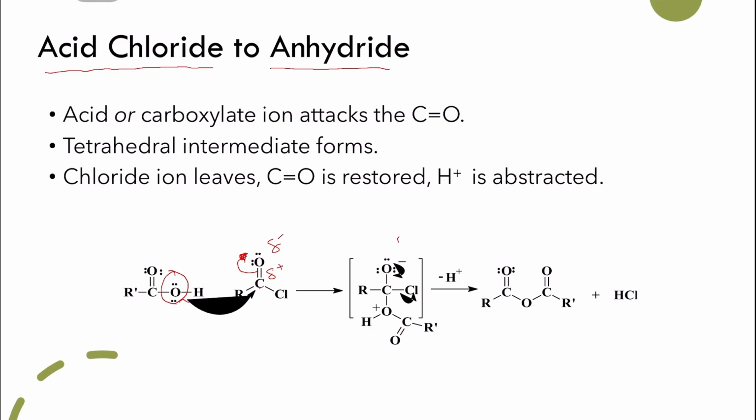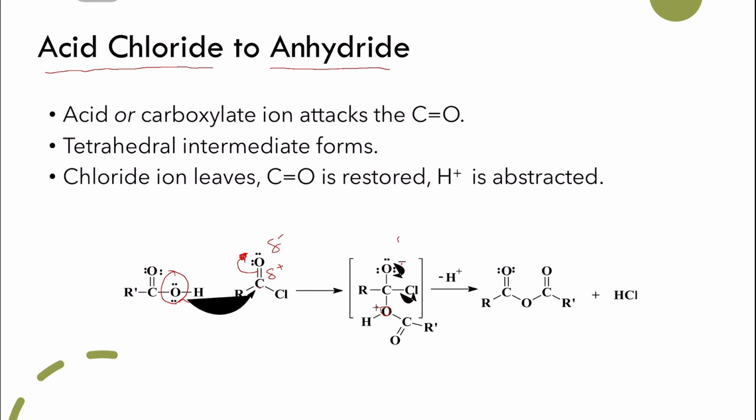That will create a tetrahedral intermediate now, with the oxygen of the acid, the nucleophile, having a positive charge, and still having the chloride and the other oxygen of the carbonyl group that has the negative charge. So now the second step of this reaction is the leaving group, which is the chloride here, is going to leave.